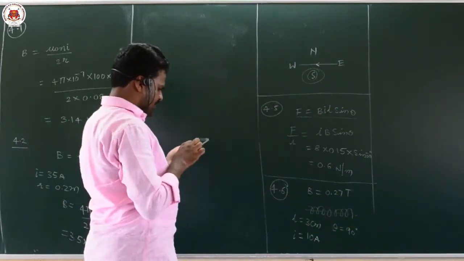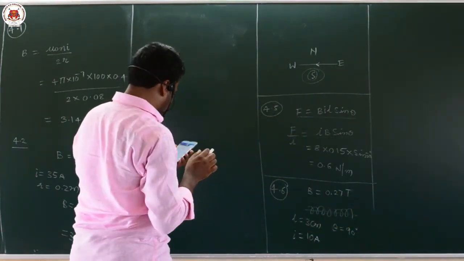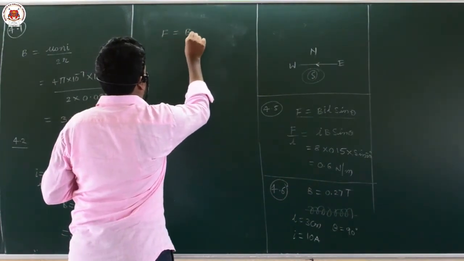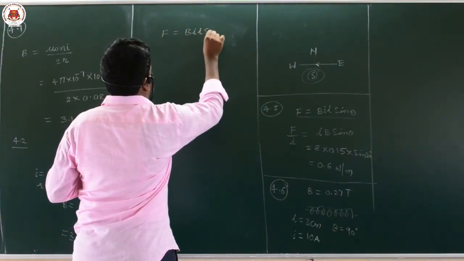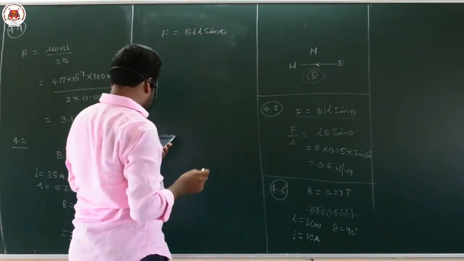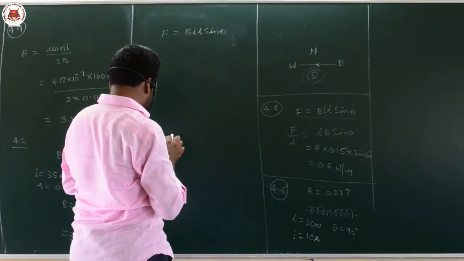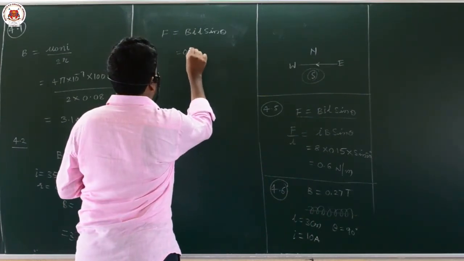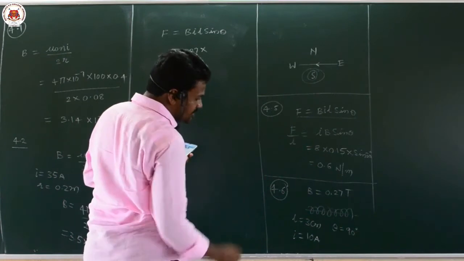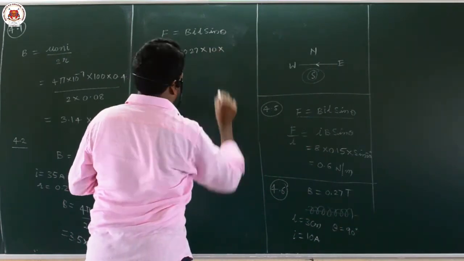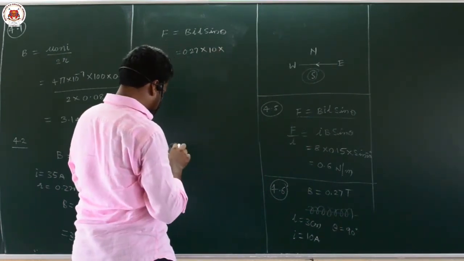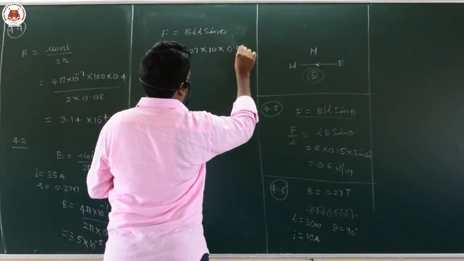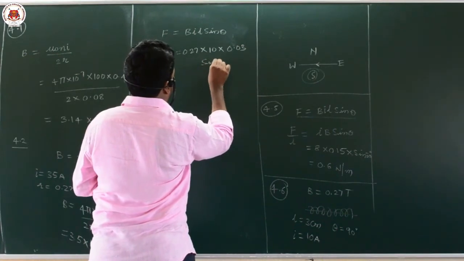Now what you have to find is the magnetic force, which is equal to BIL sin theta. Substitute 0.27 into current 10 amperes and length 3 centimeters, that is 3 into 10 to the power of minus 2 or 0.03, sin 90.